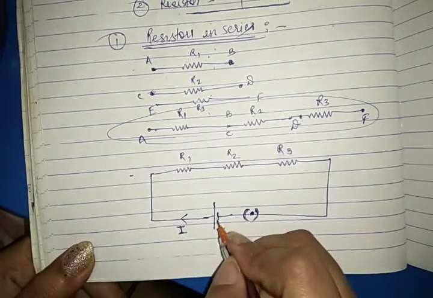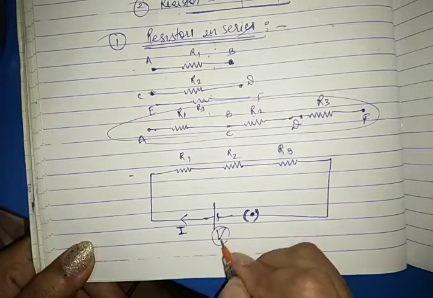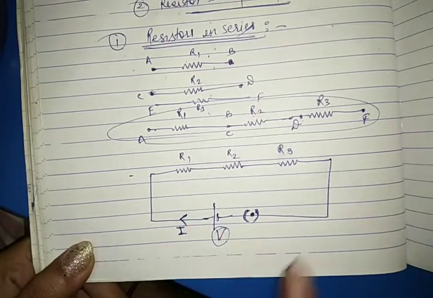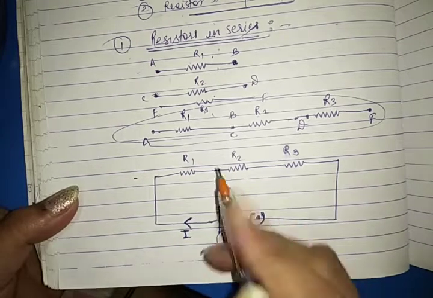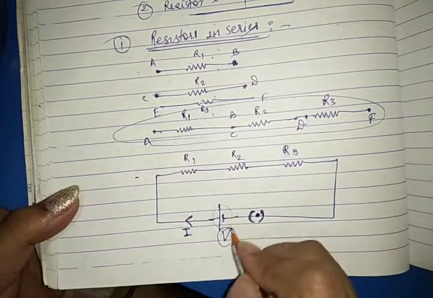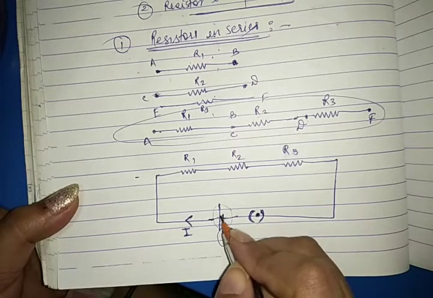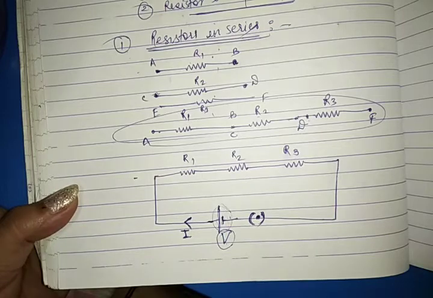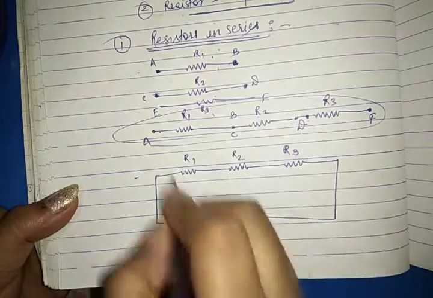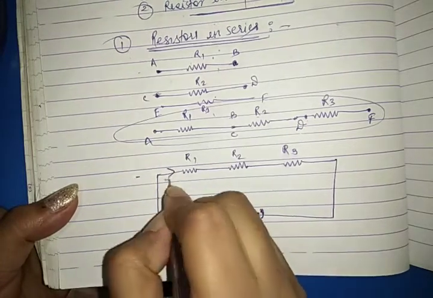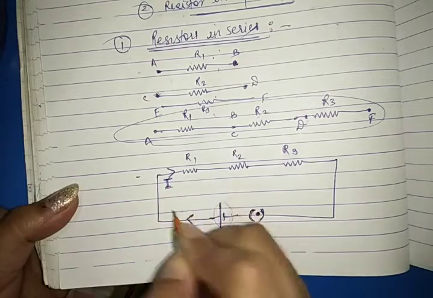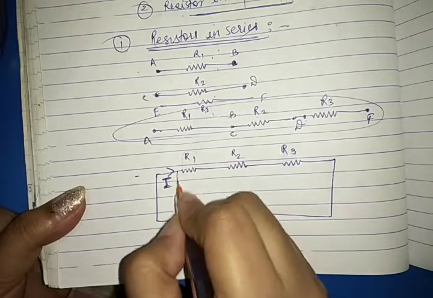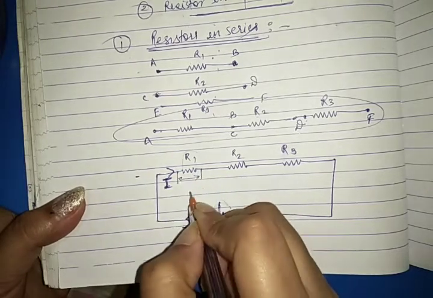So this is the potential V across the battery, and this is the current I that is flowing throughout the circuit. This current is due to the battery potential. When this current I flows through the circuit and goes through R1, a potential drop will occur at R1.